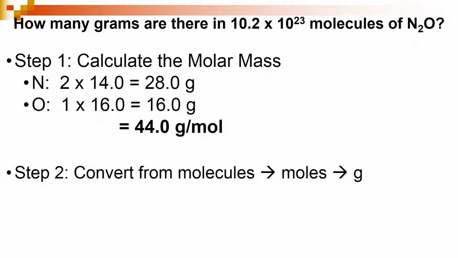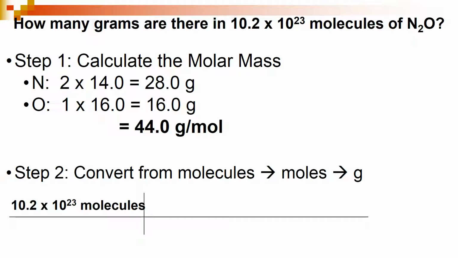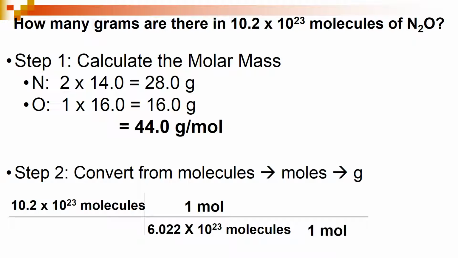Now, we're going to convert from molecules to our central value of moles and then use the molar mass to get to grams. So, on top, we have 10.2 times 10 to the 23rd molecules. Since I have molecules on top, I need molecules on the bottom as well. So, Avogadro's number of molecules is equal to 1 mole of dinitrogen monoxide.